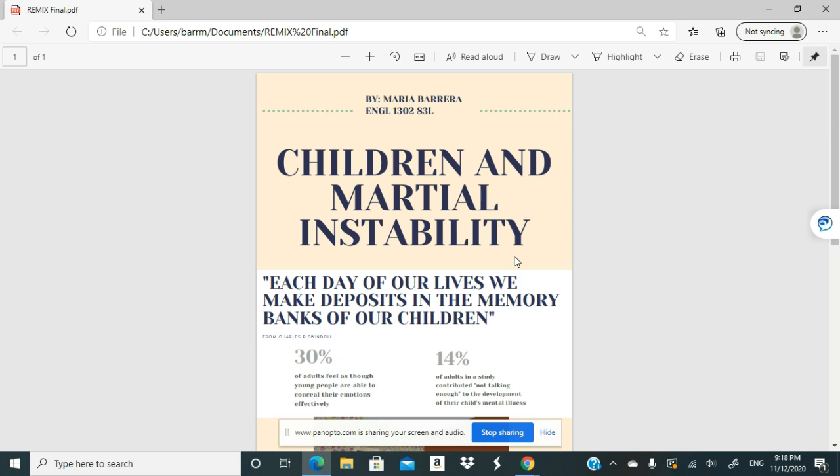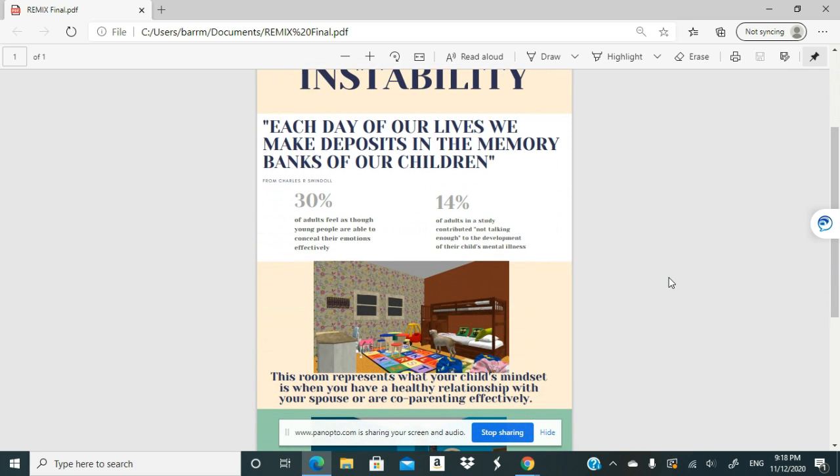So I thought that the best way to communicate that to parents would be to show them what a child's bedroom would look like when they are going through something, whether it be divorce, marital instability, or whether they're just living their happy life. So I decided I would show parents this by portraying different types of rooms and the child's state of mind if their room were to look something similar to this.